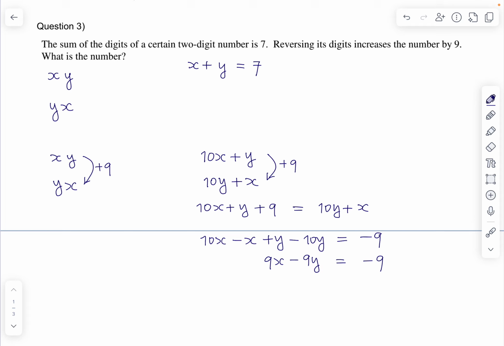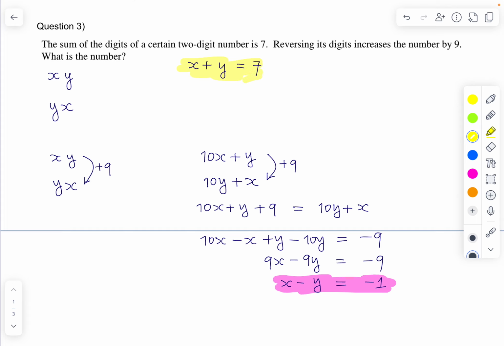To make it even simpler, if we divide both sides by 9, we will have x minus y equals negative 1. So these two sentences have given us two equations. The second sentence gives us x minus y equals negative 1, and the first sentence gives us x plus y equals 7. So we are going to try and solve both of them.